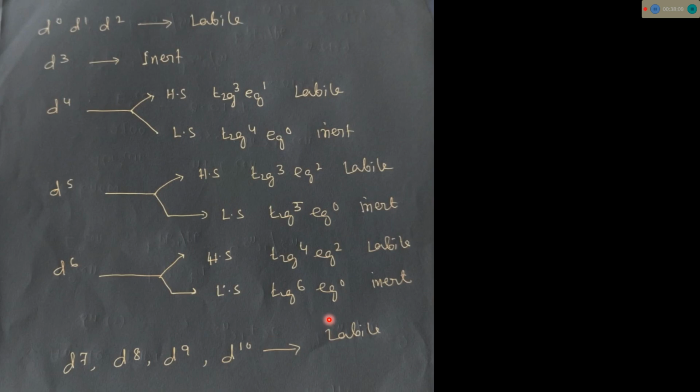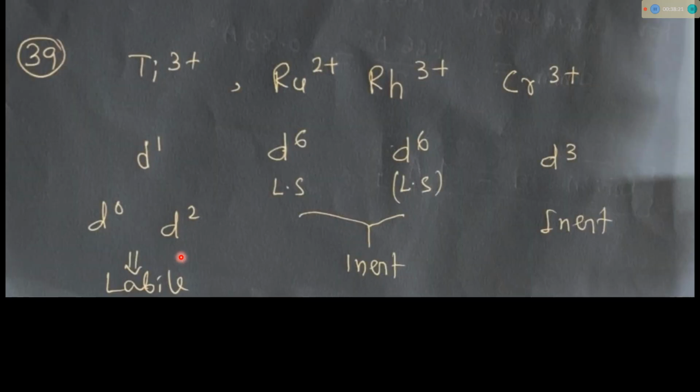So this is a very important table. From this table you can find the lability and inertness of some ions. In the question, titanium 3 plus, ruthenium 2 plus, rhodium 3 plus and chromium 3 plus are given, and the statement was that out of 4 ions, 3 are inert and one is labile.